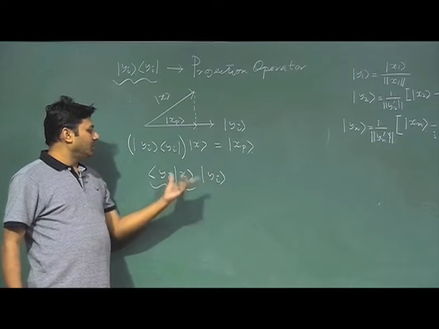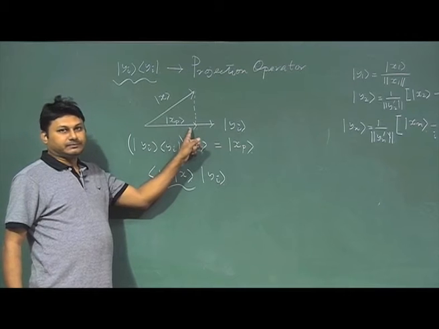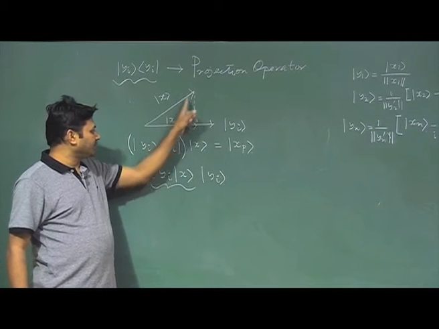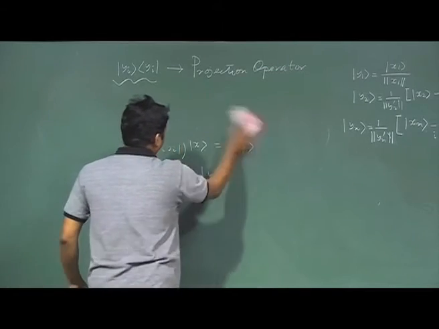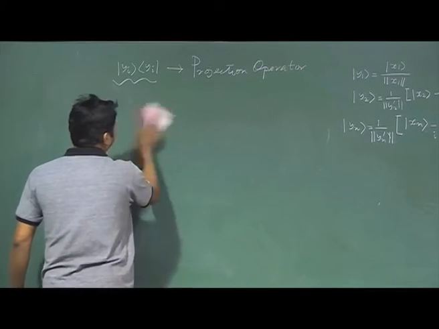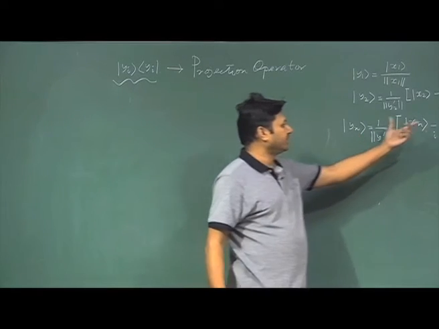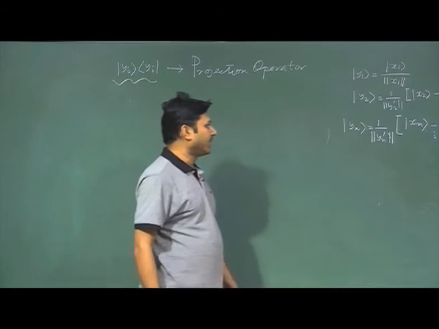So it will give you the vector along this direction, that means it is the projection along this direction. So try to find out how this projection operator works in this particular case.